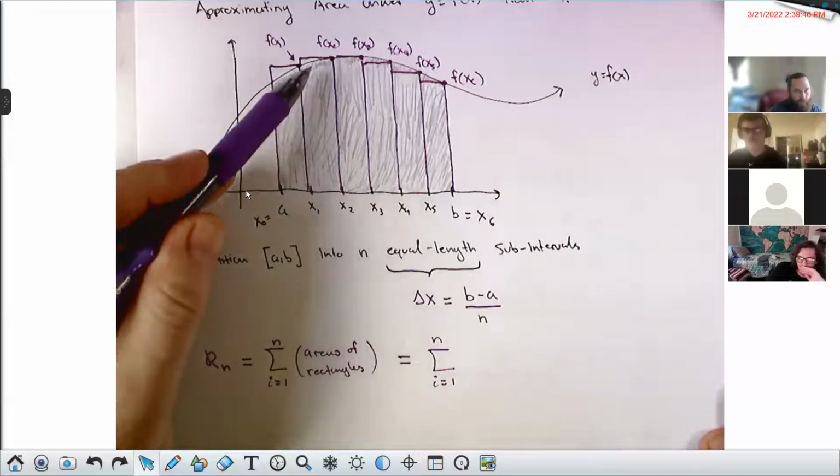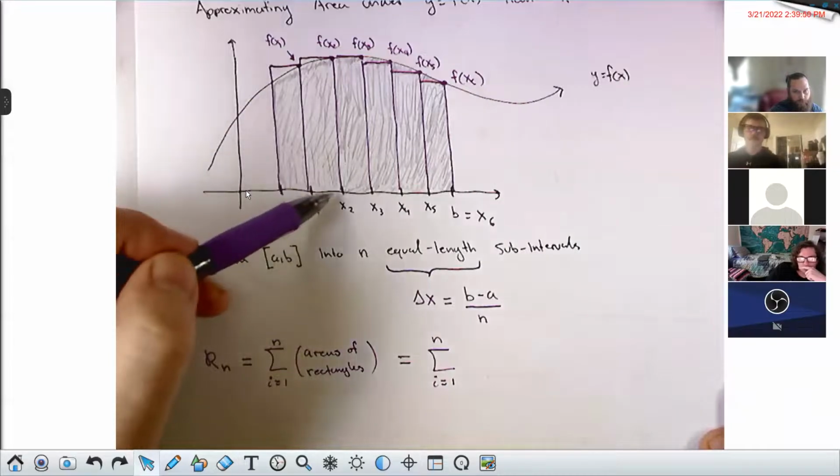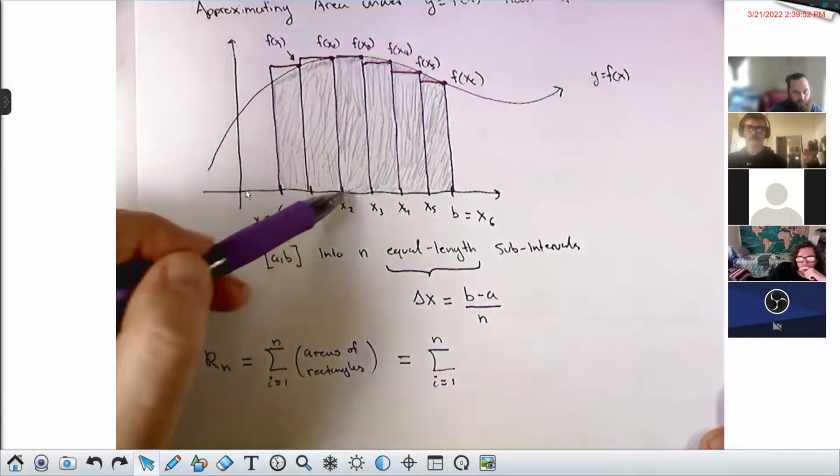The second one has height f of x2, and its width is also delta x. All of these widths are delta x.